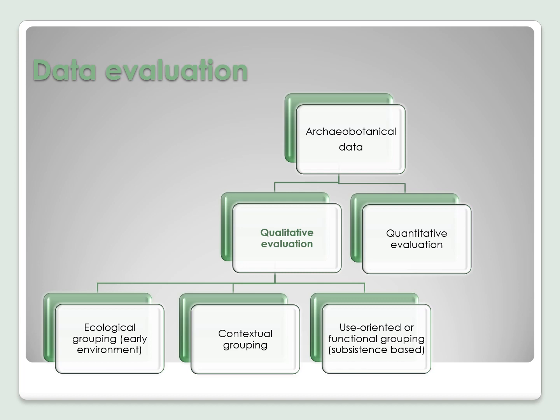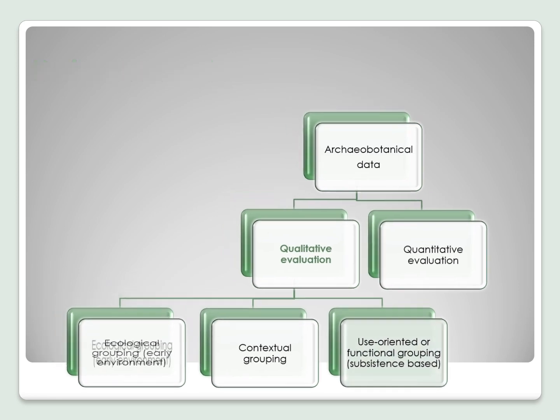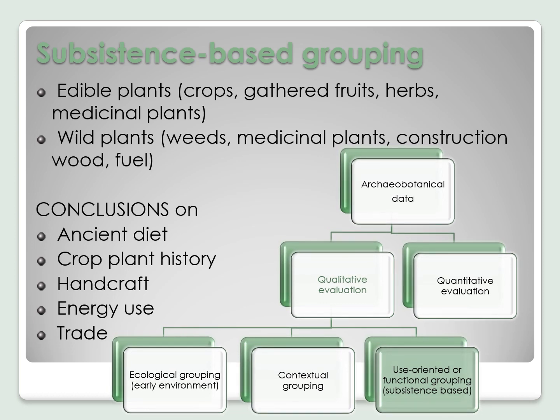Such groups help to structure and thus to understand large and complex datasets. Starting with subsistence-based grouping, there are a number of options how plants can be used. In categorizing the identified species according to these usage groups, conclusions on ancient diet, crop plant history, handcrafts, and trade are possible.